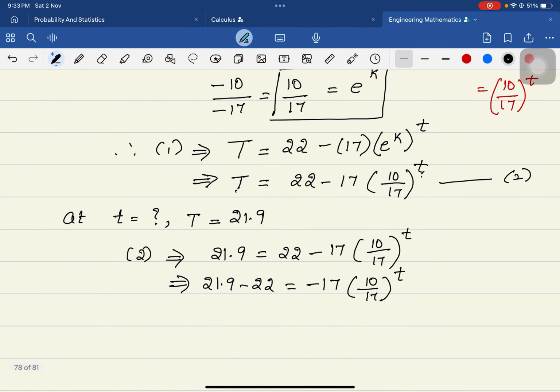Now let us see what it is. 21.9 minus 22 is minus 0.1, right? Divided by minus 17 gives you (10 over 17) to the power t, correct?